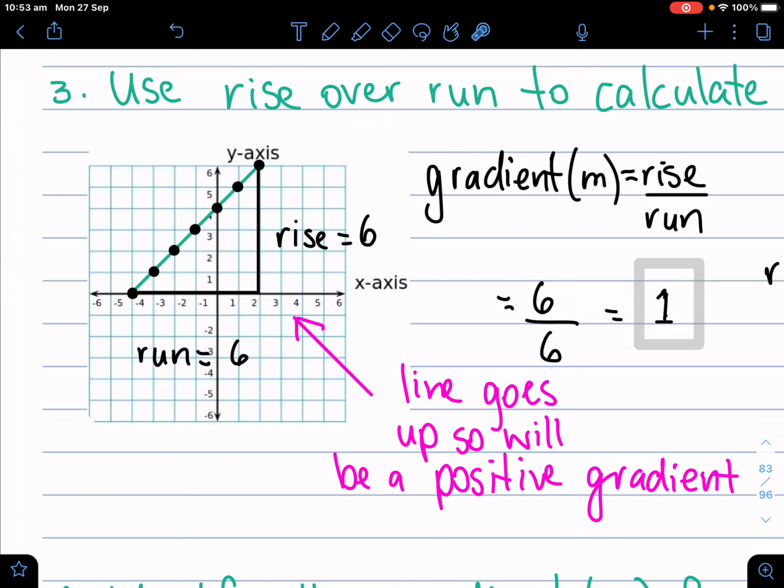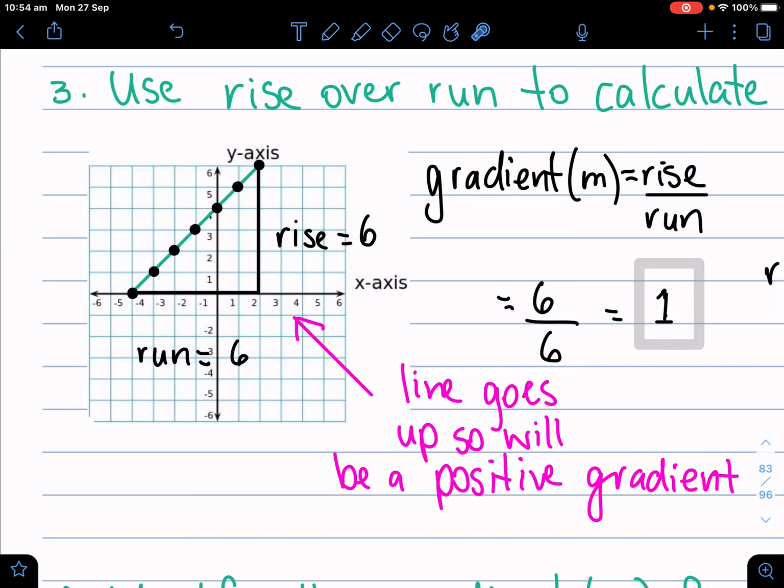Step number 2, see how much it rises or goes up or down vertically. So how many boxes on this right angle does it go up or down by? 1, 2, 3, 4, 5, 6. It rises by 6, and each box is worth 1, so the rise is 6.